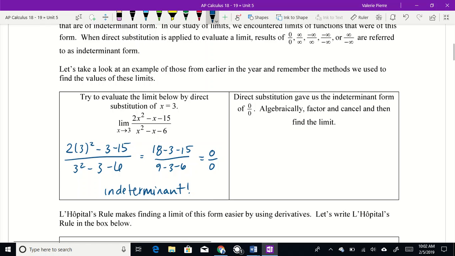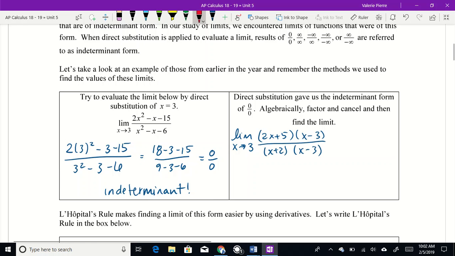So we're going to refer to the beginning of the year when we algebraically factored and canceled and then found the limit. When we factor this function, we get 2x plus 5 times x minus 3 over x plus 2 times x minus 3.